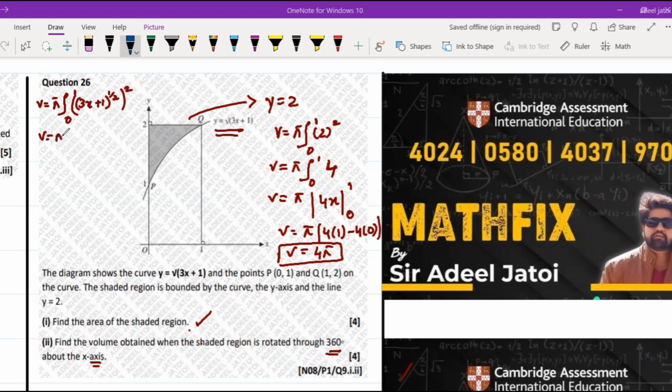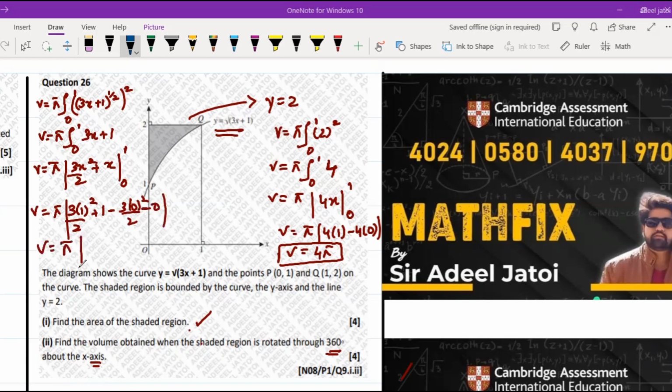So 2 ones is 2, 2 divided by 2 is 1. So volume is pi, integral from 0 to 1 of 3x plus 1. When we integrate this, we will have 3x squared upon 2 plus x. Upper value is 1, lower value is 0. So this should be pi times (3 times 1 squared upon 2 plus 1) minus (3 times 0 squared upon 2 minus 0). The answer for this will be 5 upon 2 pi.